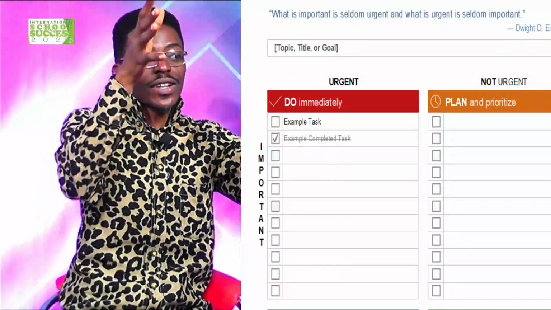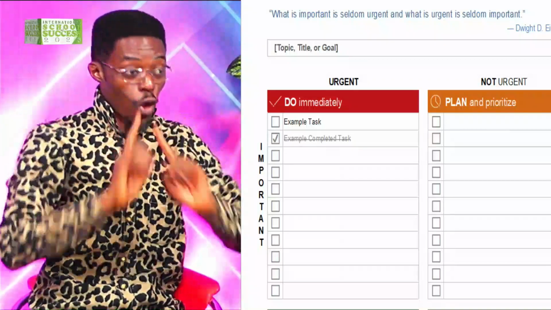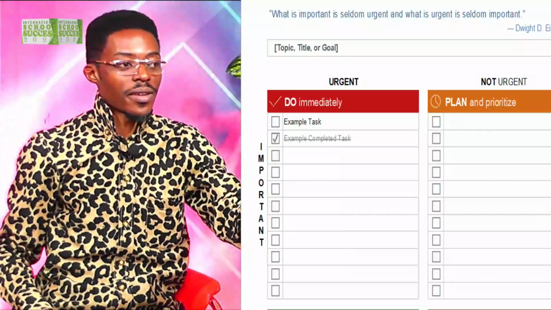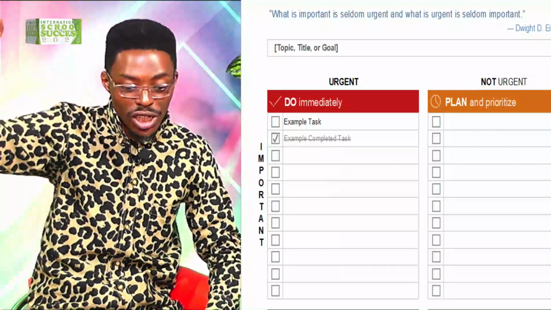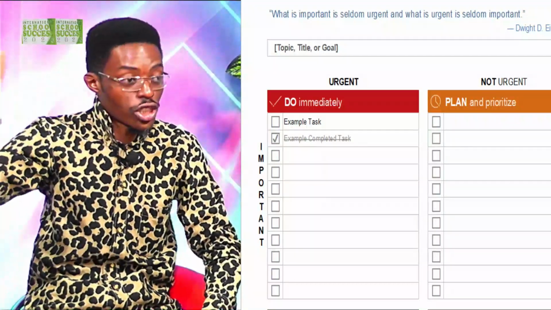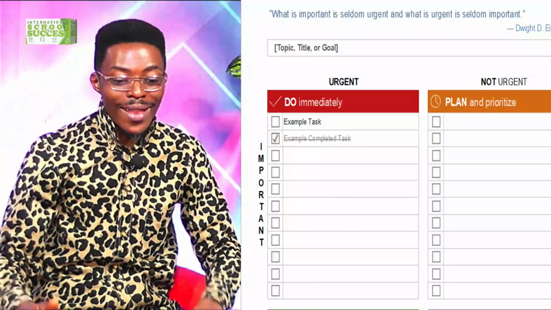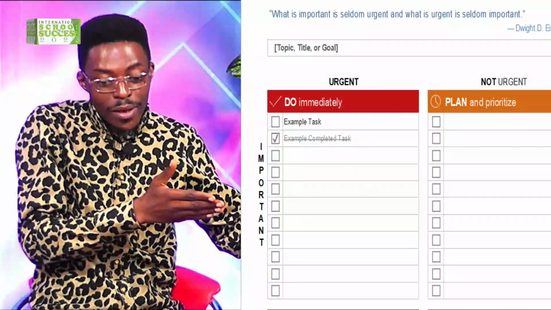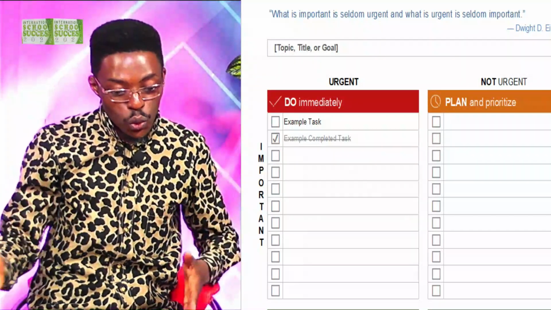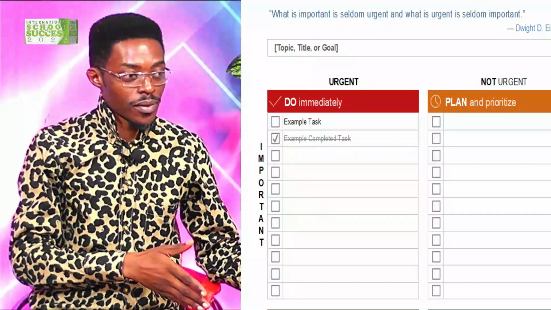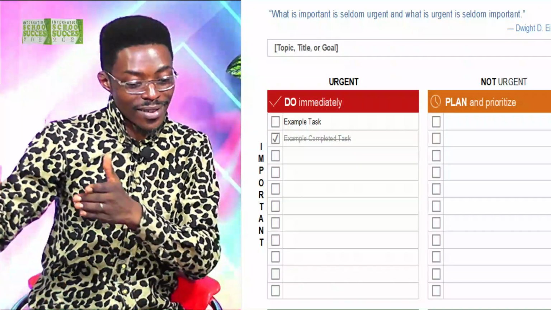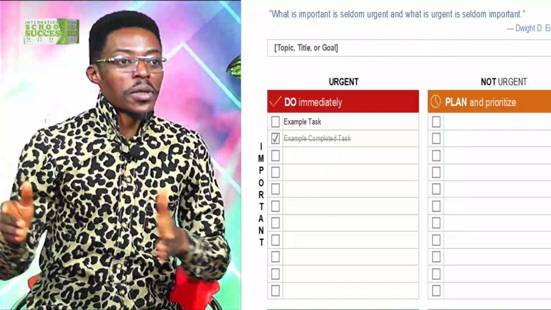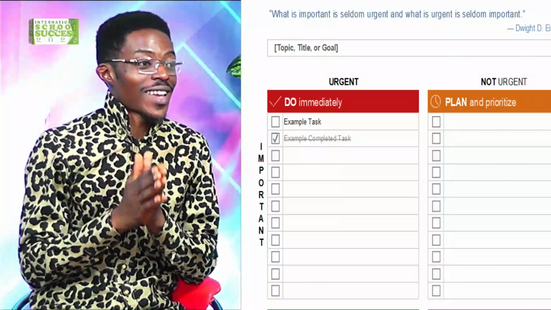So in quadrant 1, anything that is urgent and important is what will be there. Then going to quadrant 2, what is at the top is not urgent, while what is by the side is important.